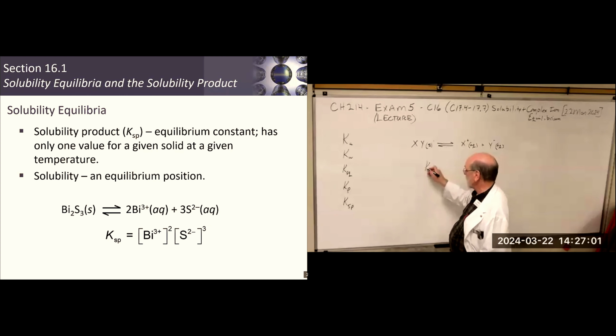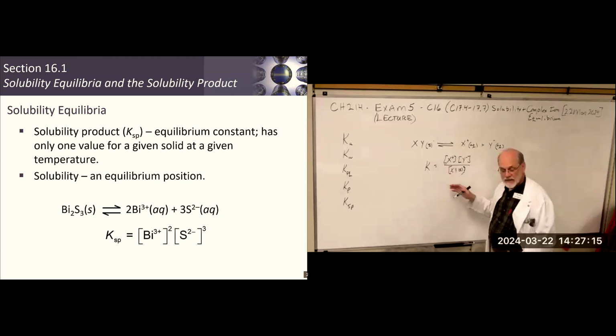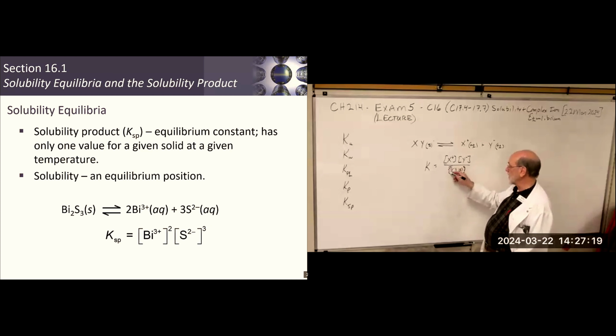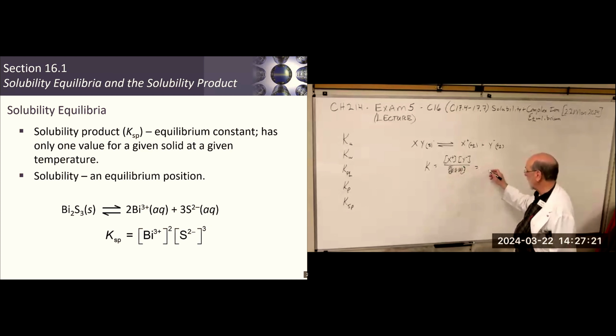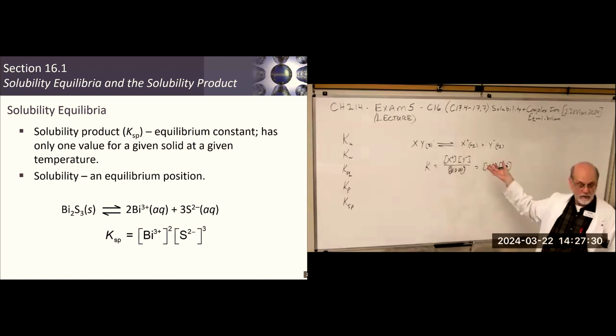So if we write the K for that one, then you would be tempted to write it like this, like that, over this. Correct? But we know from the rules that solids don't change concentration. So the solid goes out. And now all we have is just the right-hand side of the equation, like our water.